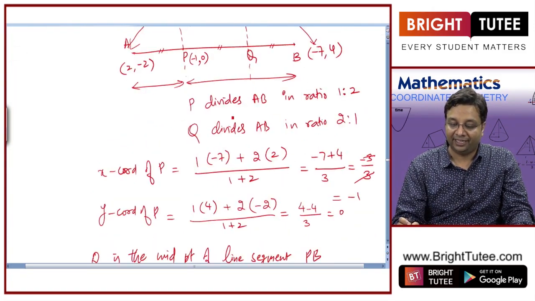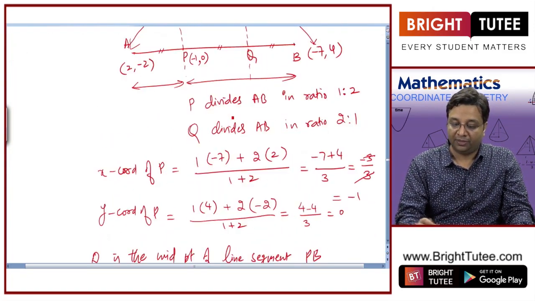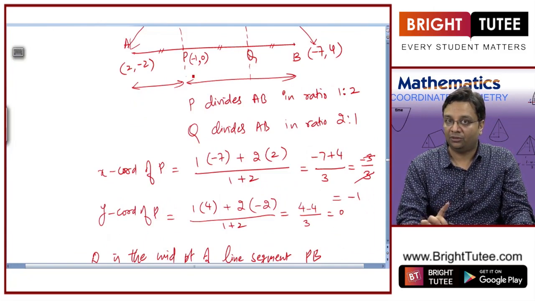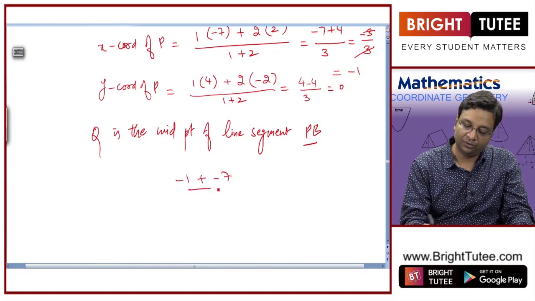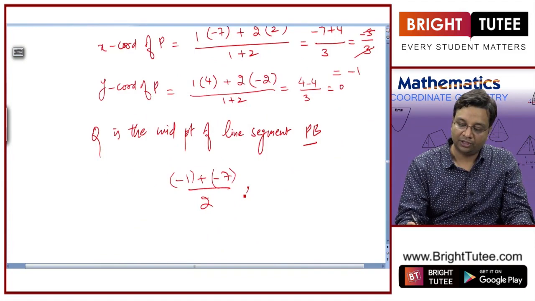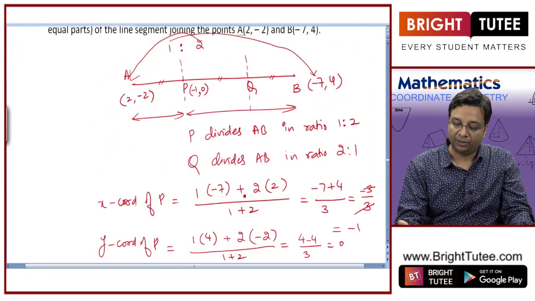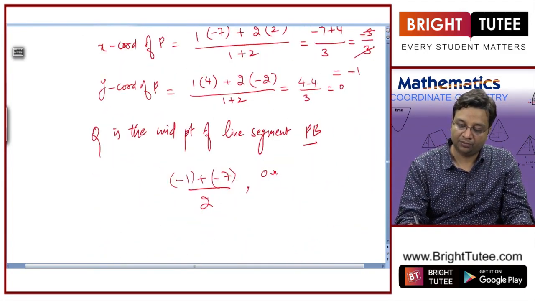Hence we can directly write the coordinates of Q by x1 plus x2 by 2 and y1 plus y2 by 2. So minus 1 plus minus 7 by 2, comma 0 plus 4 by 2.